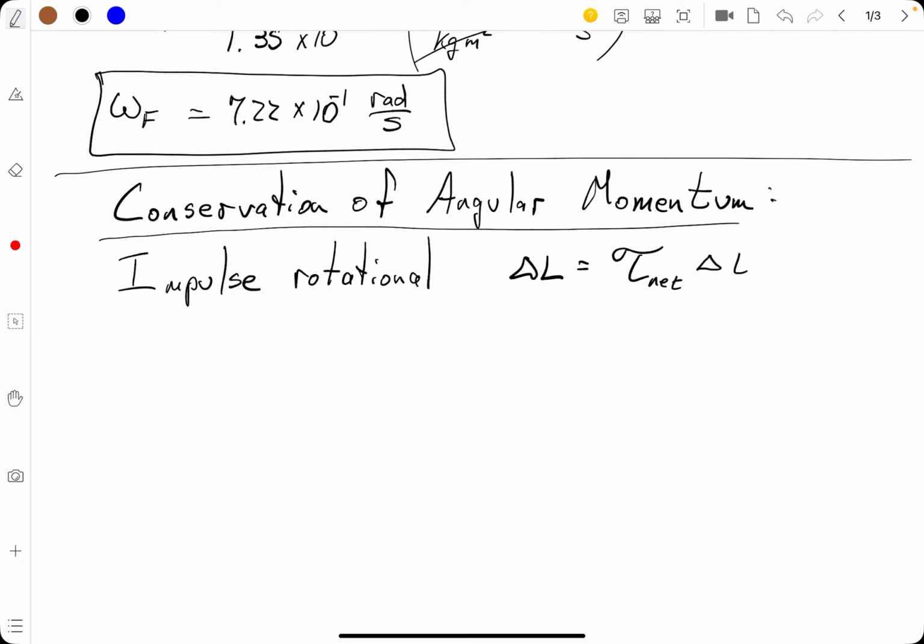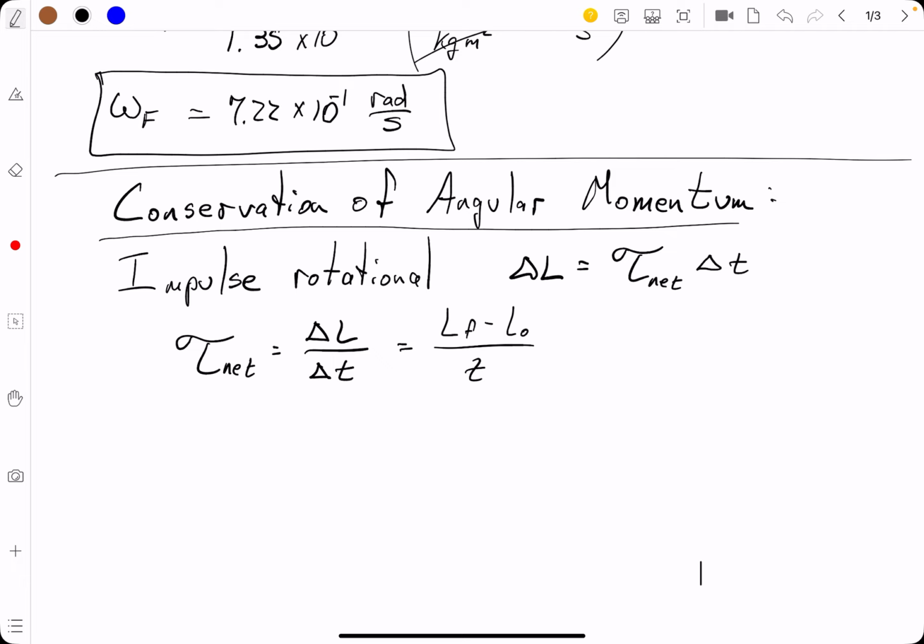We can say delta T or T, whatever. So our torque net is equal to delta L over delta T. Typically T0, initial T is 0, so our final T is the only one we care about there, and we've got L final minus L initial up on top, and then T, just some time.